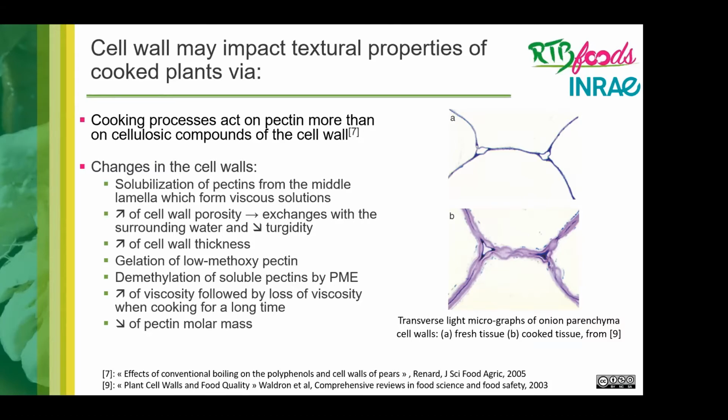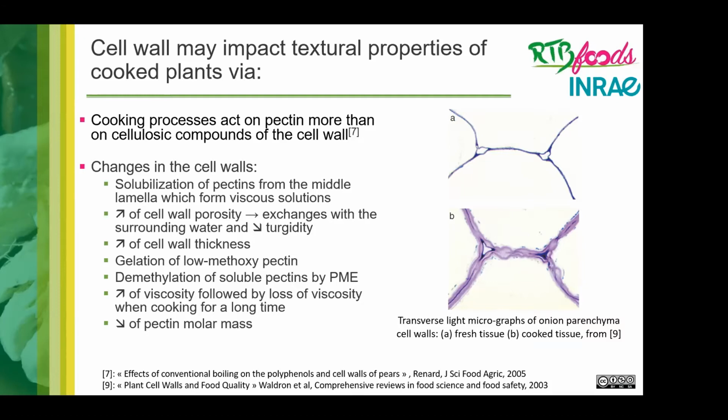Because they are leaving the middle lamella, there is an increase of the cell wall porosity, which leads to more exchanges with the surrounding water and a loss of turbidity. You also have an increase of the cell wall thickness, so you can see it with the onions here, but Noel Akissoe also showed it in his own research work with yam, that you can see the same process.